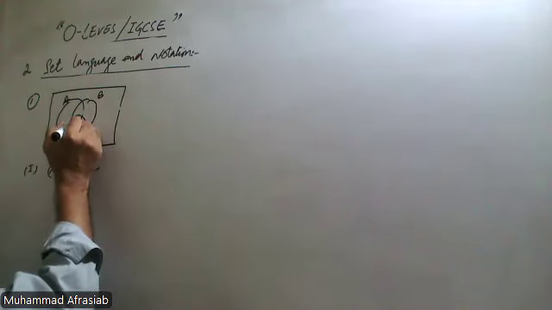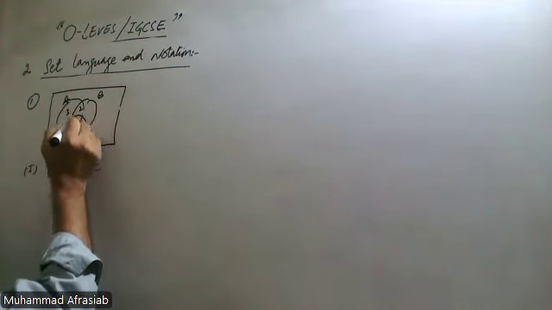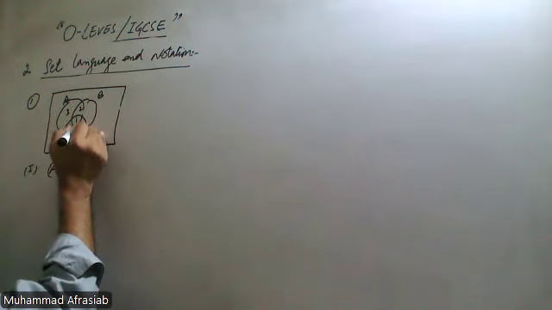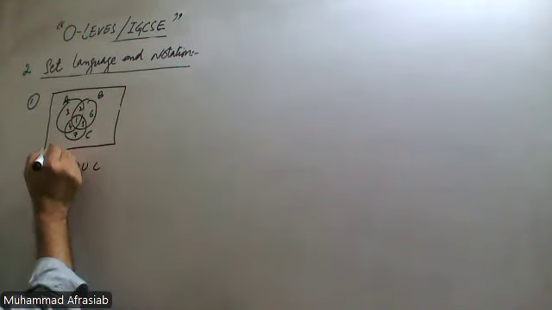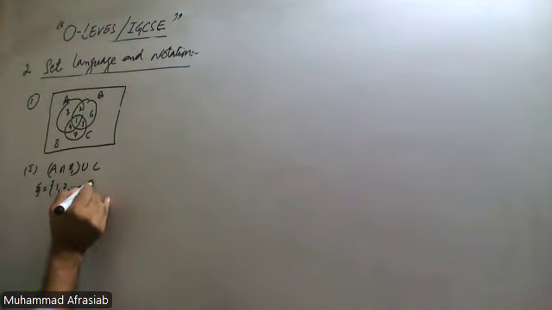So let's say it is 1, 2, 3, 4, 5, 6, 7, and this one is 8. So our universal set is basically equal to the combination of all of these up till 8.